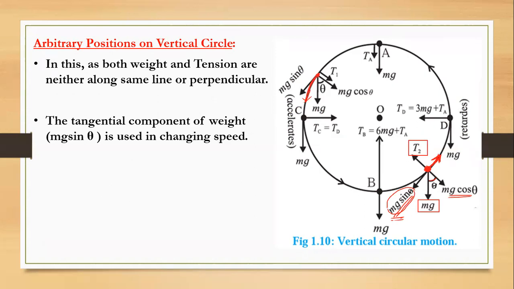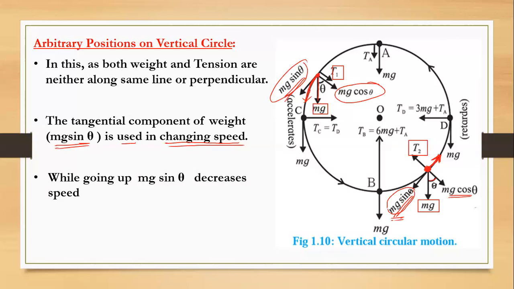At that time the forces are weight and tension. This weight is resolved into 2 components, mg sine theta and mg cos theta. And this mg sine theta helps to increase the speed. Means mg sine theta is used in changing speed.